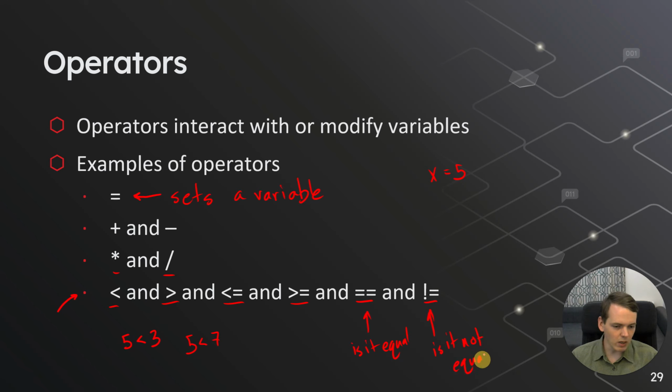And again, these are pretty common across most programming languages, but there will be exceptions. The main thing with operators here, you don't need to memorize all these, but just understanding that there are things that we use in a program that work on a variable, or they compare variables, or they do stuff like that. And this is what we call them, operators.